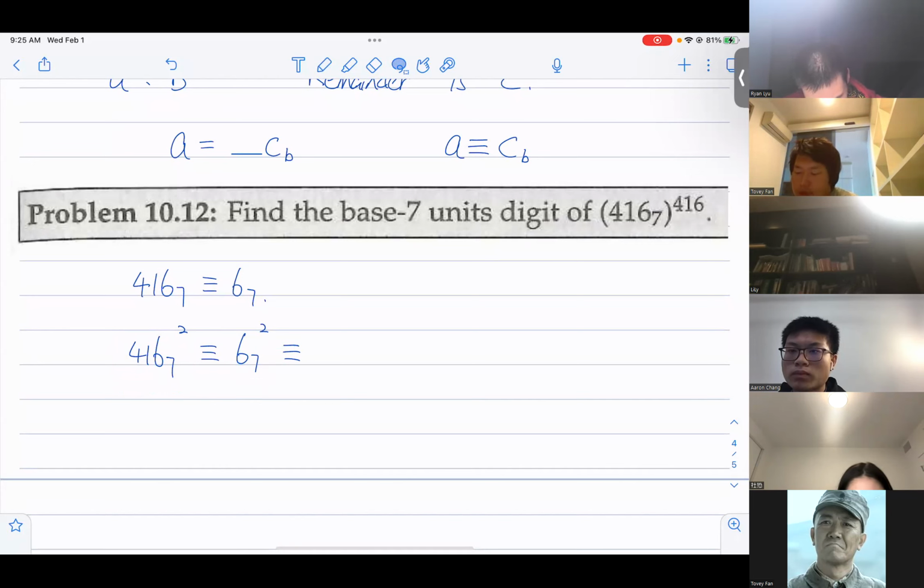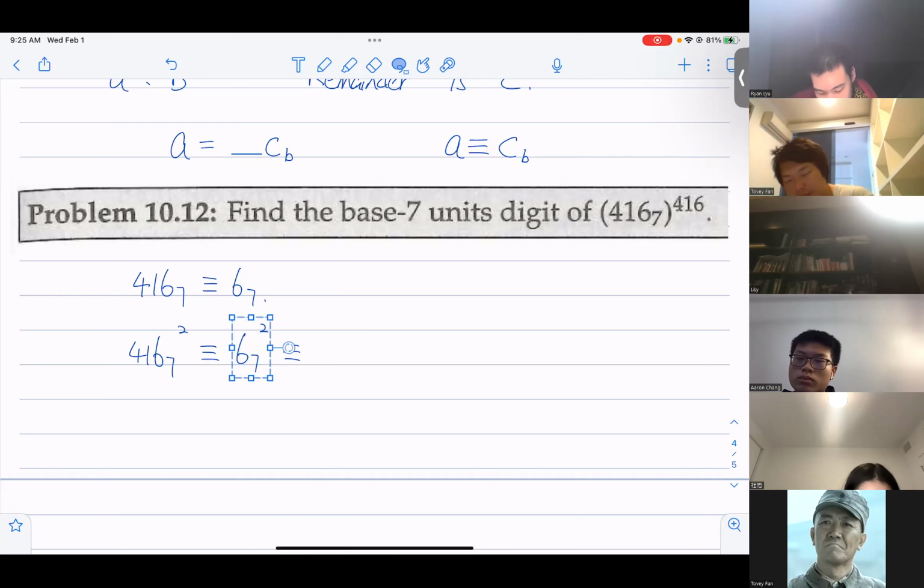is in base 7. So when we do this, we have to convert to decimal, right? To base 10. So 6 times 6 in base 10 is 36, but this is in base 7. So that means 36 divided by 7, that's 5, remainder is 1, right? So the unit digit is 1.